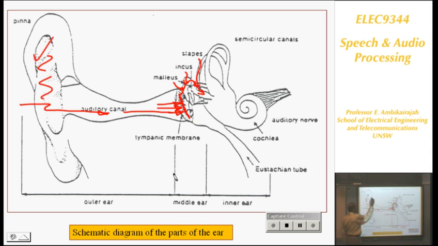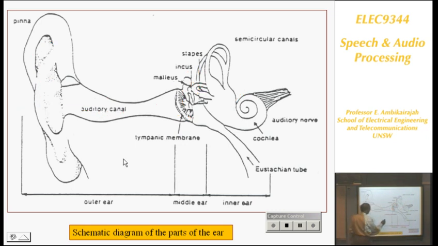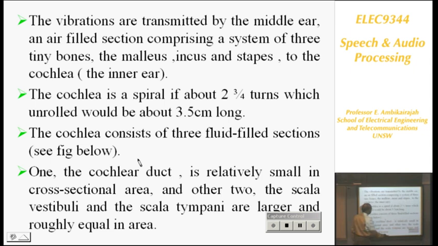So think outer ear, middle ear. This is your inner ear, which is like a snail shape. I'll explain that in a minute. Any vibrations are transmitted by the middle ear to the inner ear through these bones.